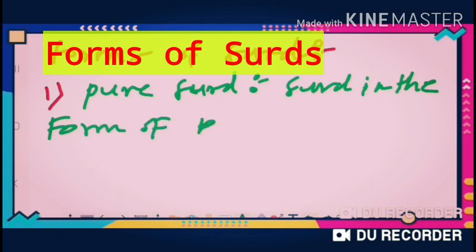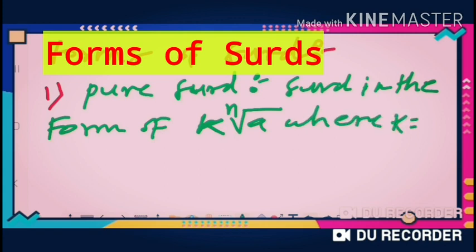Surd in the form of coefficient k, order n, in radical sign a, where coefficient k is equal to plus minus 1.